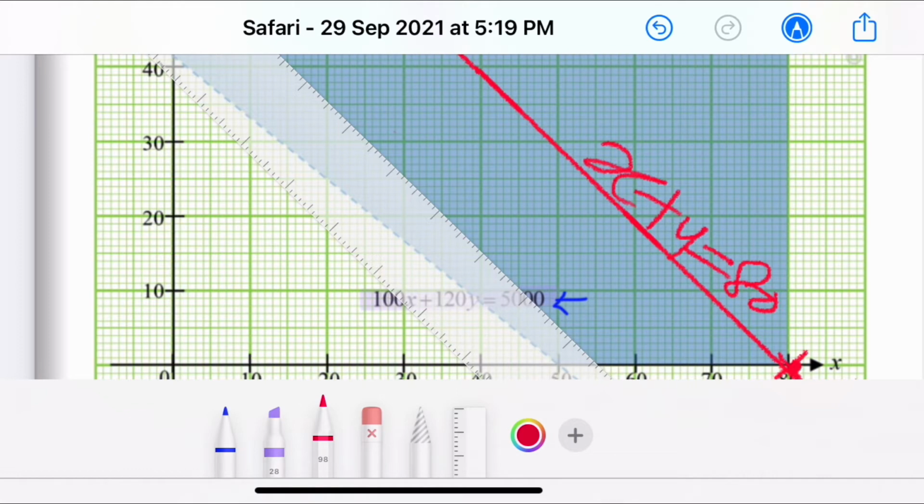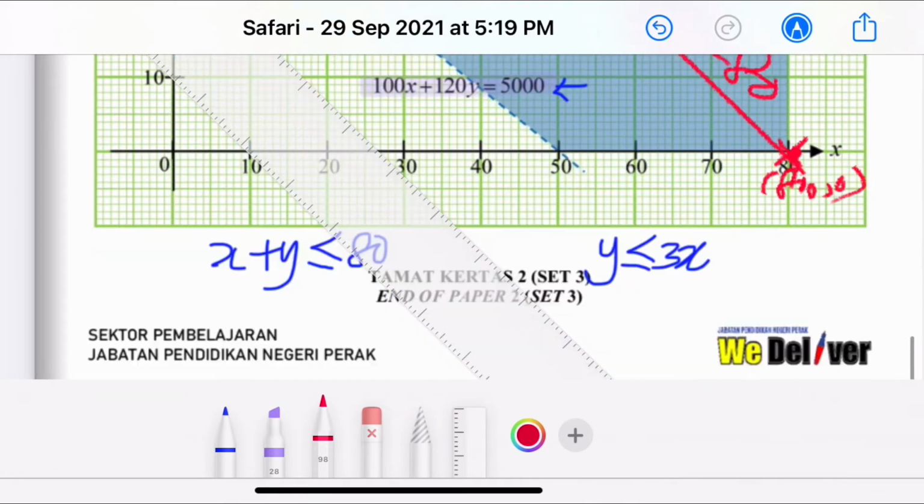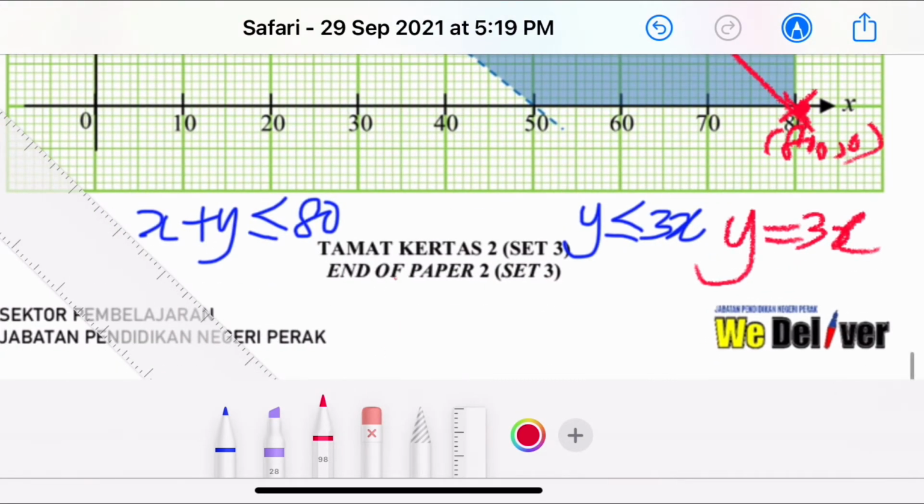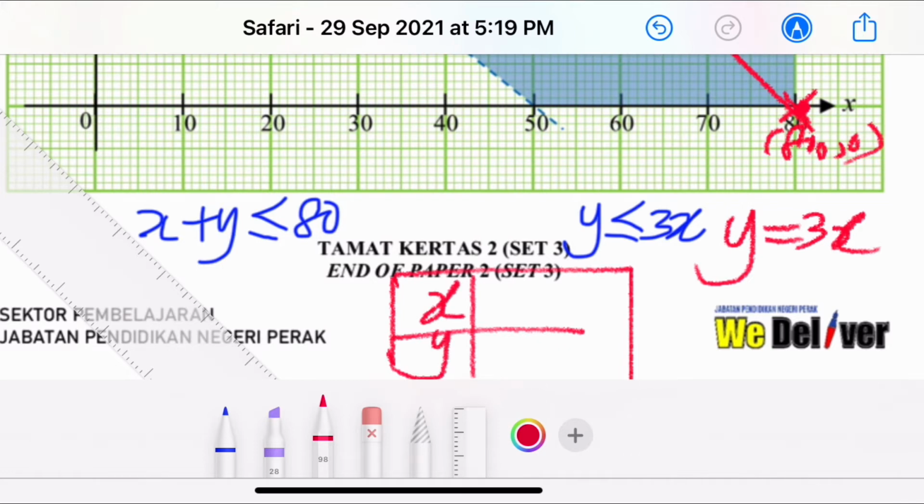I will draw another line, which is y equal to 3x. For this one, I will draw a table also to find 2 points. The best point for an equation like this is 0, because the y-intercept is 0. And you can use any value for x.